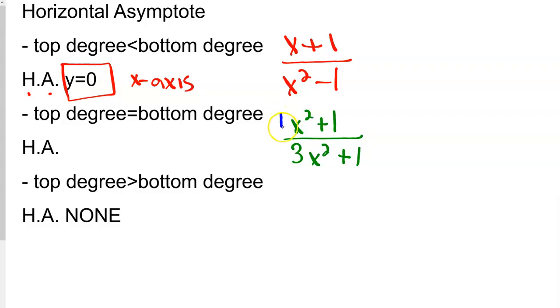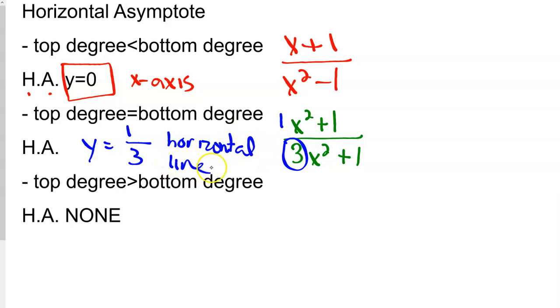So it's going to be this coefficient over this coefficient. So the asymptote is a horizontal line crossing the y-axis at -3. If the top degree is greater than the bottom degree, there is no asymptote. So if we had something like x cubed over 3x, there is no horizontal asymptote.